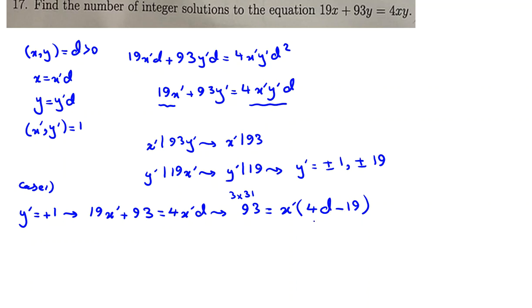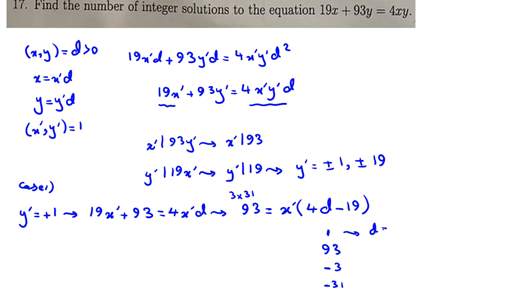So here it can only be 1, or 93, and we know d is at least 1. Also it can be negative 3, or negative 31. So let's consider each case.